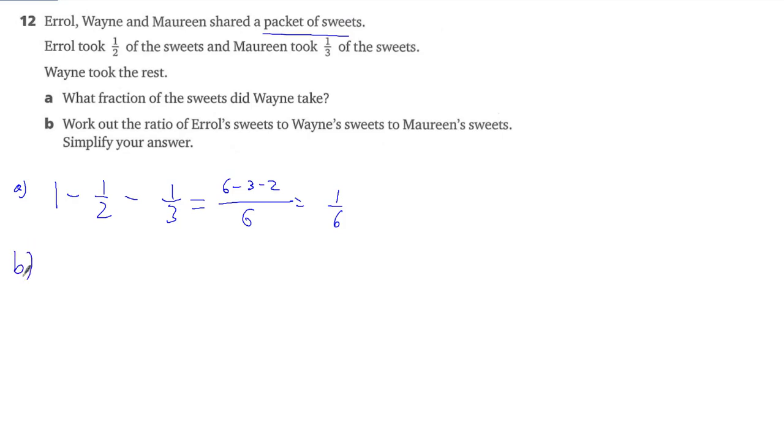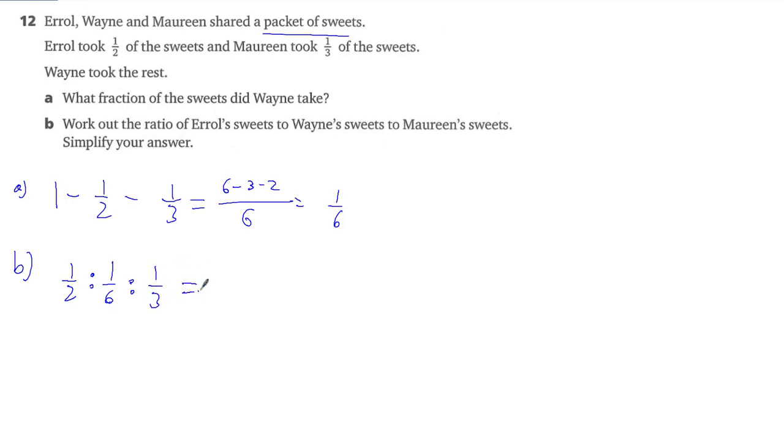Now, question B is, work out the ratio of Errol's sweets to Wayne's to Moran's sweets. So Errol had 1 over 2. Wayne had 1 over 6. And Moran had 1 over 3.